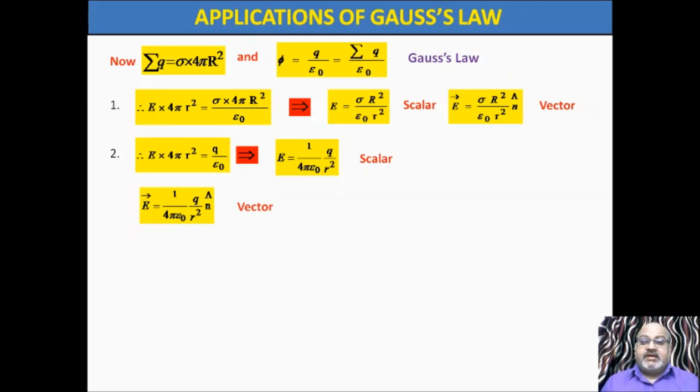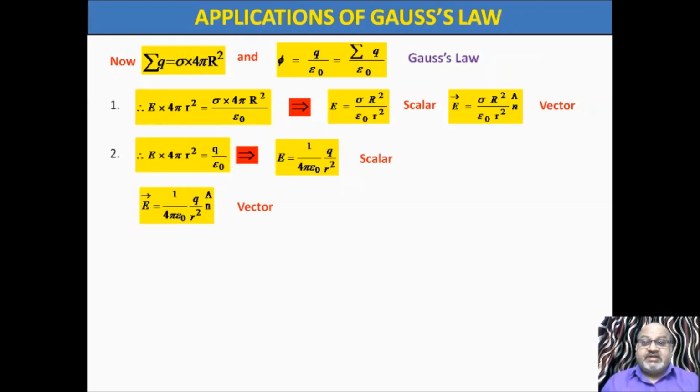Now I have discussed this second point because I want to show that this is the same equation as for the electric field intensity due to a point charge. The point is at distance r, the source charge is q, so the electric field intensity is q by 4 pi epsilon naught r square. It appears that the total charge distributed over a spherical shell is concentrated at the center.